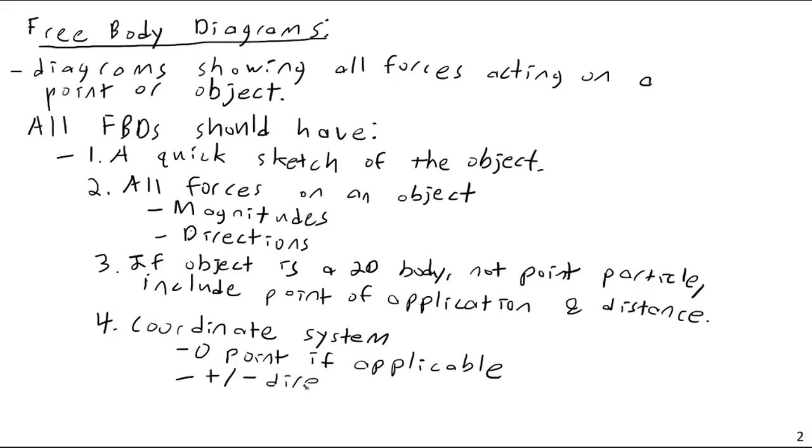In other words, which direction is the positive x-axis going? Which direction is the negative y-axis going? If you're going to write out in some equations the sum of forces across the x-axis equals this, well, I need to know which direction is the x-axis. So, just a matter of being clear and everything internally consistent, etc. Okay, free body diagrams. Does that make sense?